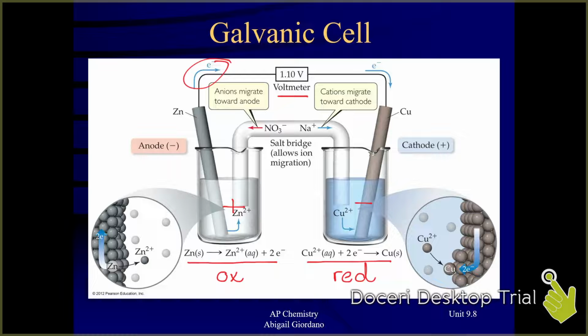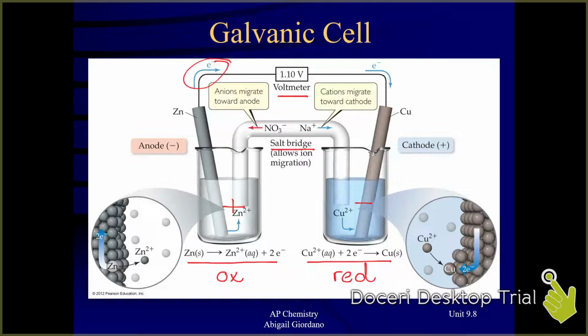So how do we fix this problem? We put in something called a salt bridge. Now guys, a salt bridge can be made of a variety of things. It can be a sponge, it can be a strip of paper towel even. Sometimes it's a flexible column of gel.